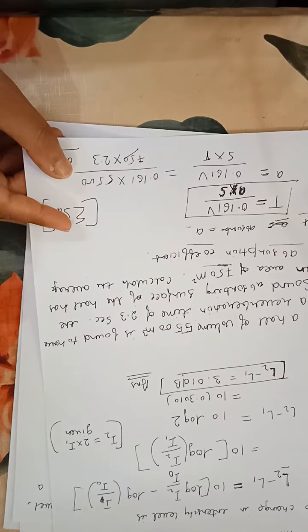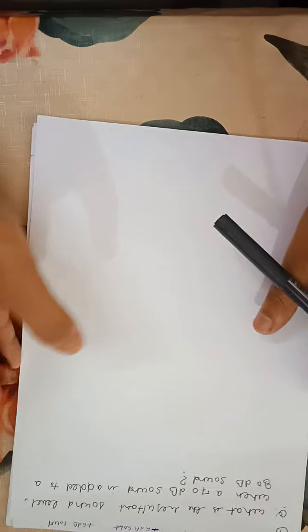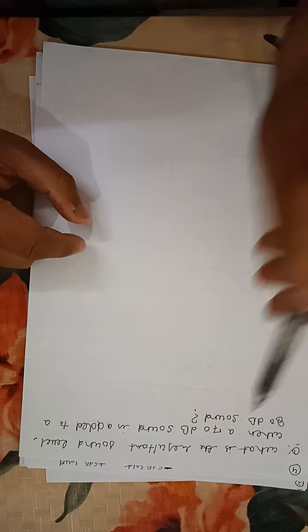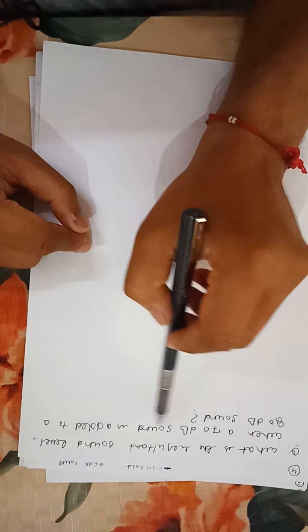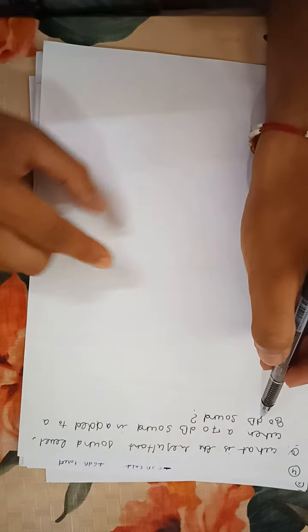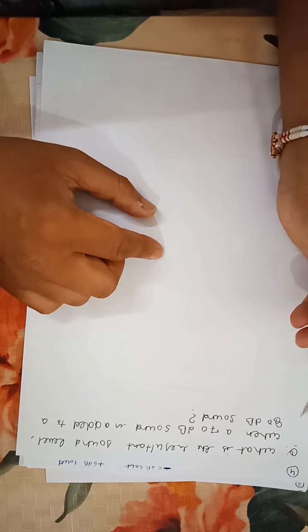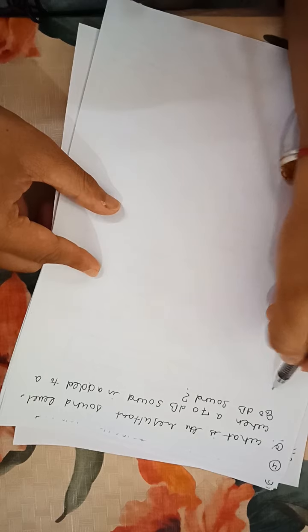Now if we have a question like this: what is the resultant sound level when a 70 decibel sound is added to a 80 decibel sound? So we know the formula.